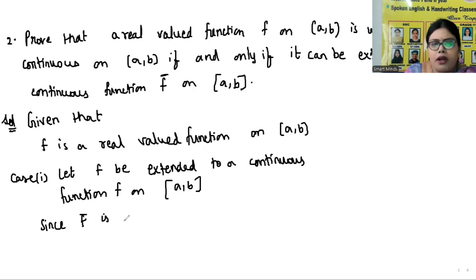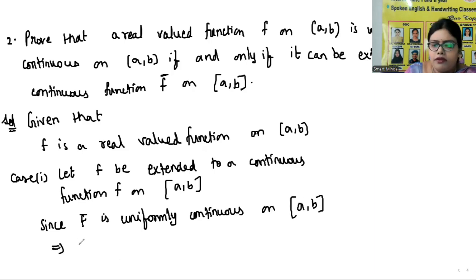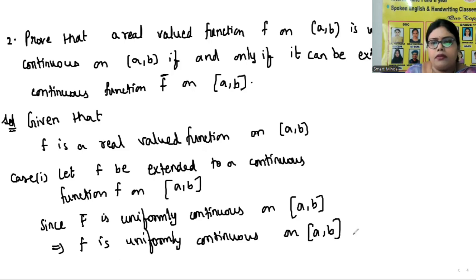So since f bar is uniformly continuous on closed interval [a, b], which implies f is uniformly continuous on the interval (a, b).